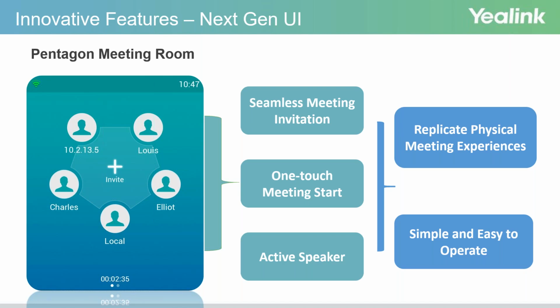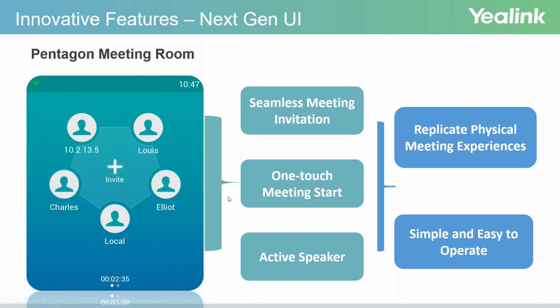If we were to have a 4-person meeting, let's take Elliot off of the meeting here. There would be a blank space where he is. We would select invite and choose our preferred method of communication, whether that's IP, DID, what have you. We would initialize our contact to that person or location, and once that is established, they would be moved into the open spot.